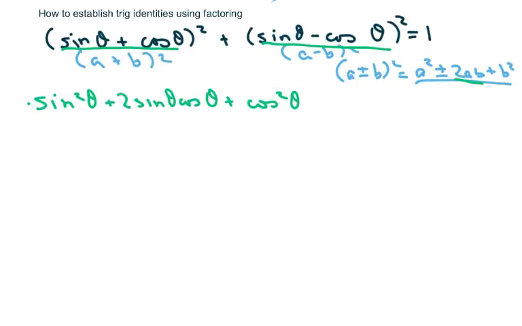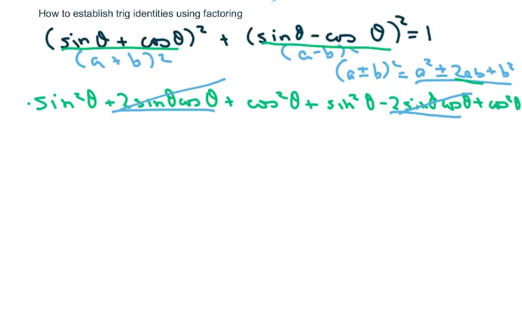So we get sine squared again, minus 2 sine theta cosine theta. I always never leave room. And my last one's going to be plus cosine squared theta. All right? And when you look at this, these two here cancel out.